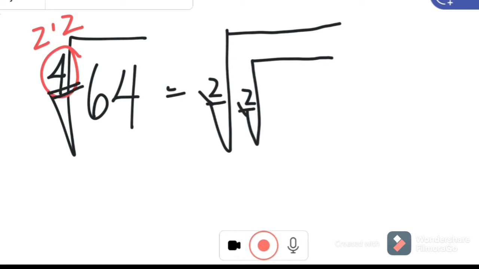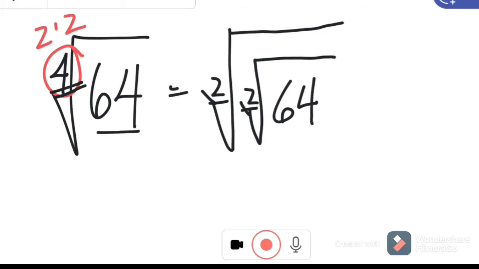Next, we write the 64 inside. Okay, this writing of two radical signs is doing the simplifying by order of radicals.